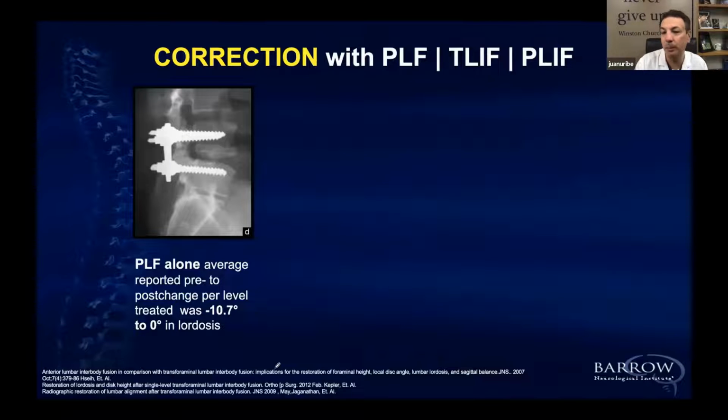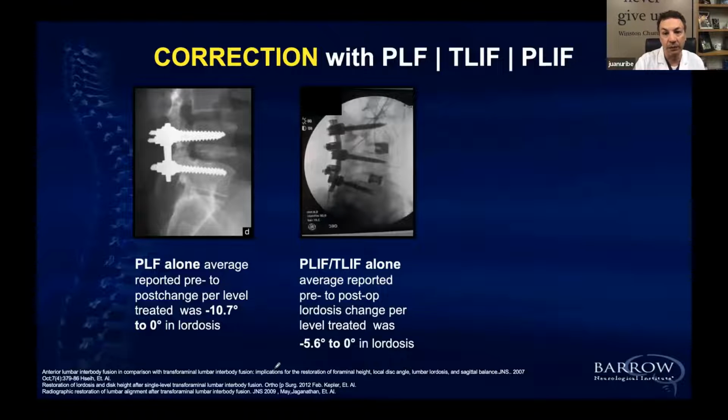In general, when you do a posterolateral fusion with nothing else, you just go back and put bone between one transverse process and the other one, you may get maybe 1, 2 degrees of lordosis, it's very little. Then if you do a TLIF or PLIF, you can have 5, 10 degrees.